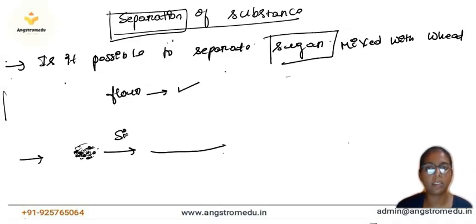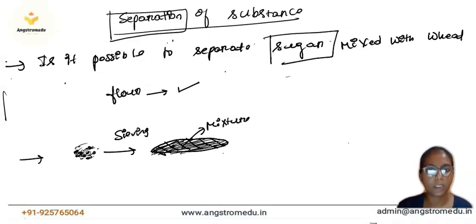For this we have to use a filter, a kind of mesh. So this is the mesh. If we pour the mixture of sugar and wheat flour over it, the mixture will be like this.